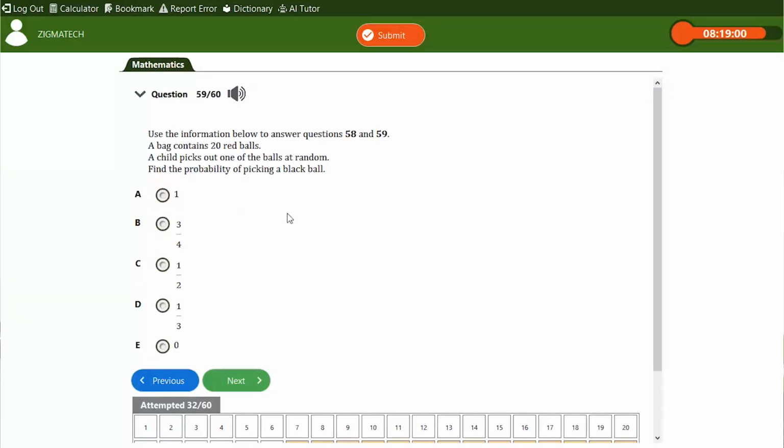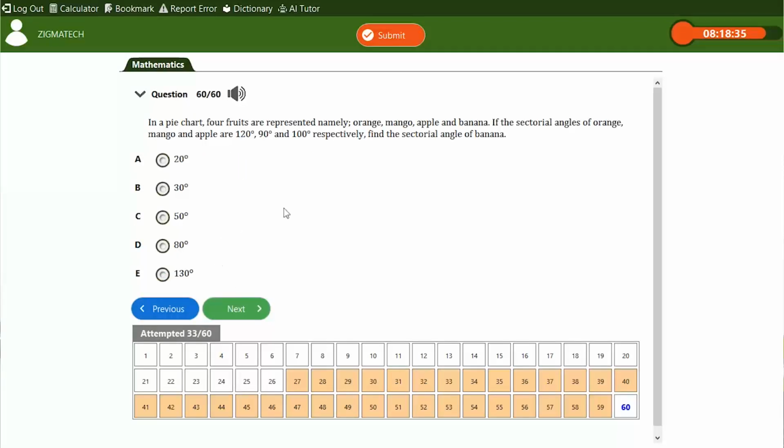Even if the child picks out every ball in the bag, none will be black. So the probability is 0. Probability of what cannot happen is 0. Do you understand? So the option is option E, which is 0. All right? So the 60 and the last.